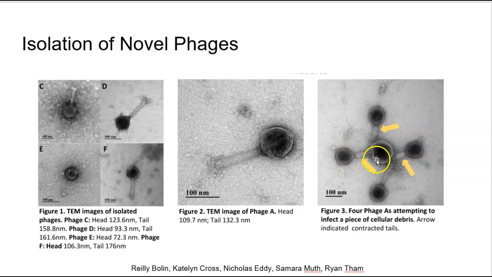As it injects the DNA into the piece of debris, the tail contracts. So this is really like pushing the plunger on a syringe. It contracts. You can see these 3 with a contracted tail, and this one where it's still elongated. So this is phage A, this is the one that we started to characterize in the lab first.